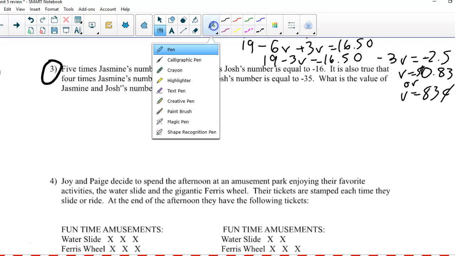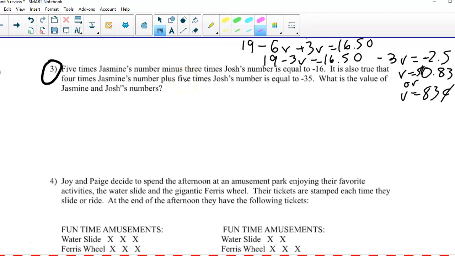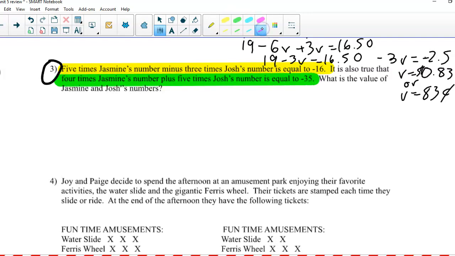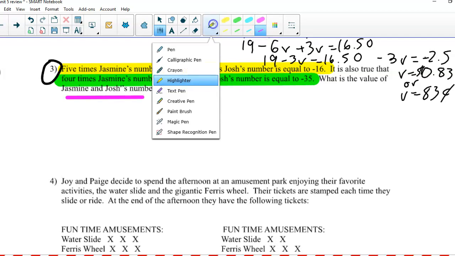What's important here? 4 times, 5 times. Hold on. Which also means this second sentence is important. And then we're looking for both of the numbers.